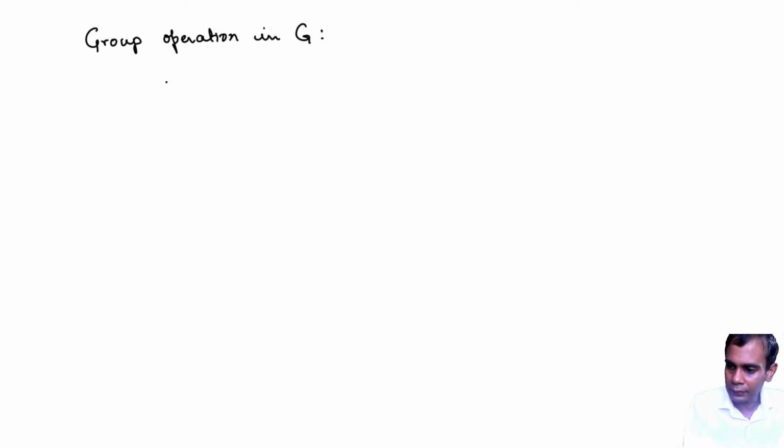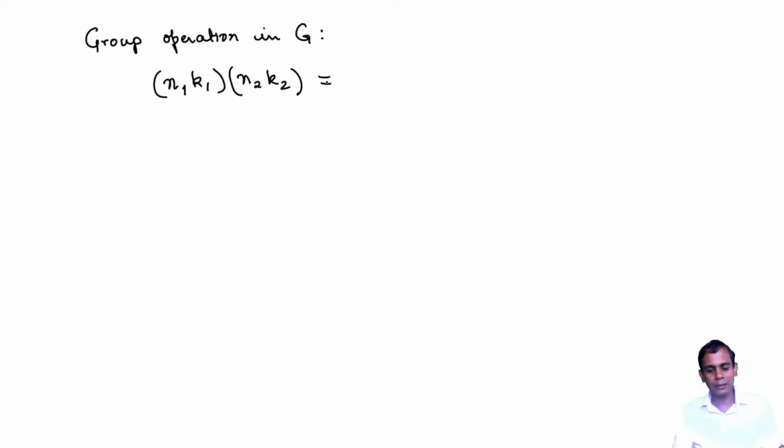So if you look at an element n1 k1 and another element n2 k2, what I want to do is try to express this product in terms of the group structures of N and K and of the group action of K on N.